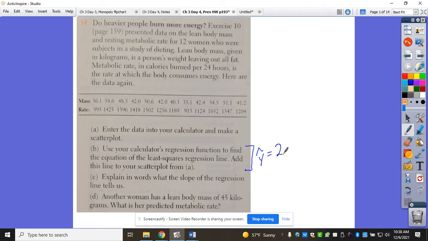Your y-intercept, which here was, this might not be rounded all the way, but something like this. And how do you get that? So you have all these numbers, so how do you get this? So this is list 1, this is list 2, and then in your calculator you go to what buttons?